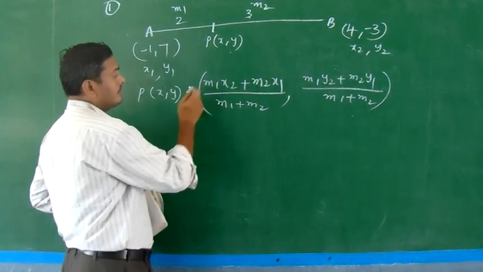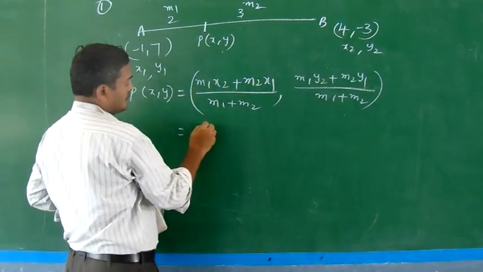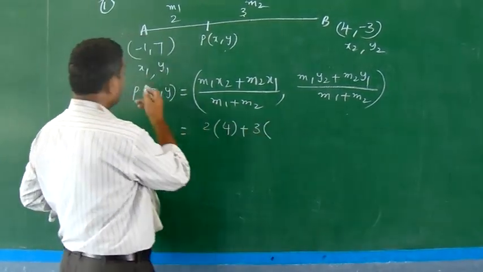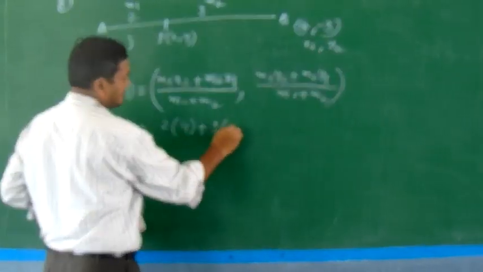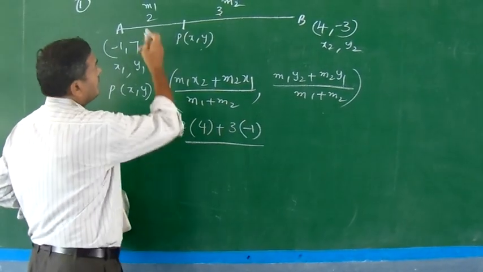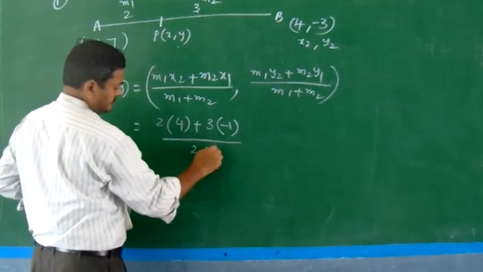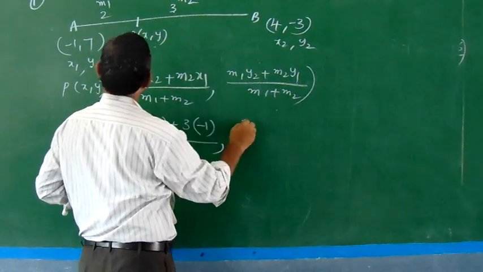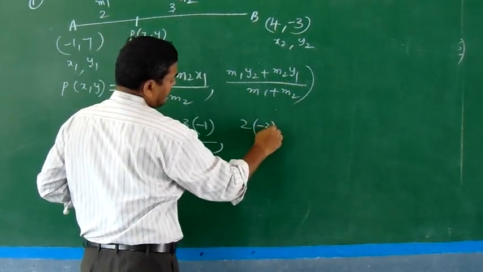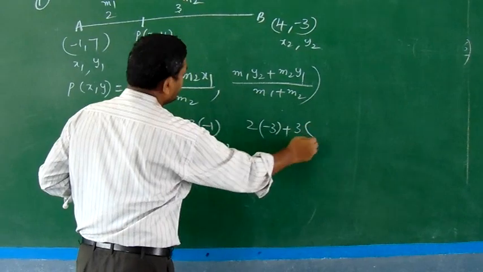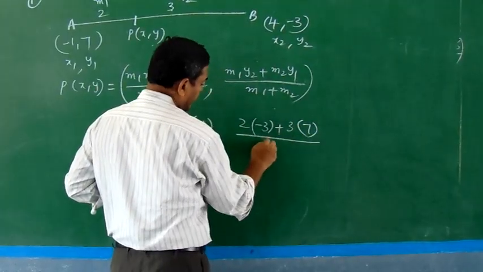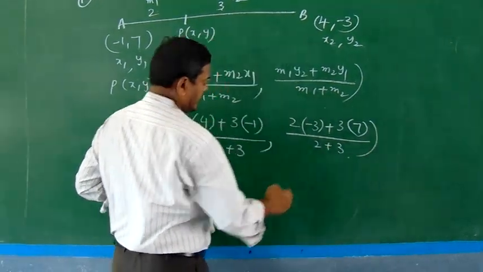That equals 2 into 4 plus 3 into x1, which is -1, divided by 2 plus 3, comma, 2 into -3 plus 3 into 7 by 2 plus 3.